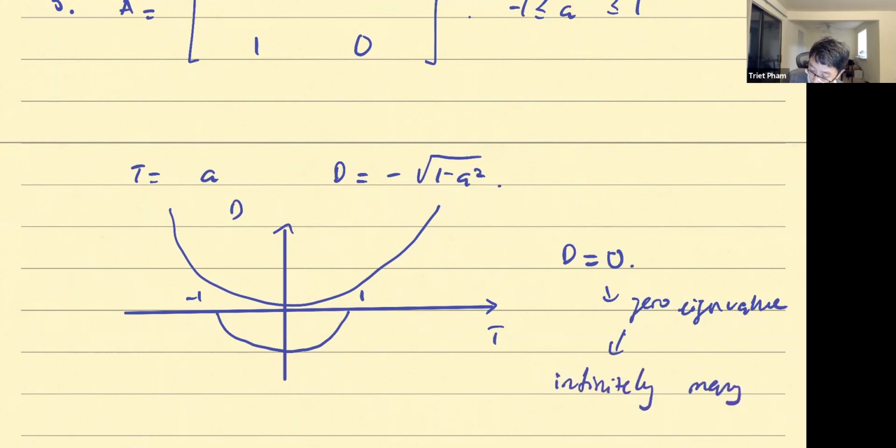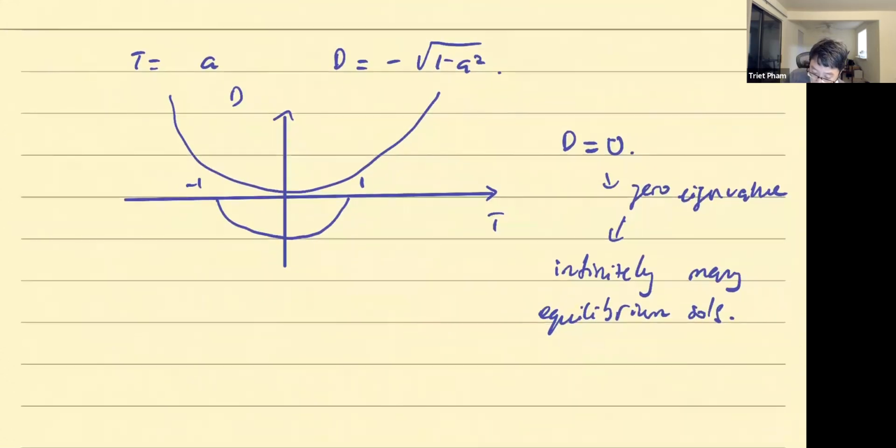Infinitely many equilibrium solutions. Yeah. Why? Because the solution to Ay equal to 0, when A is not invertible, has a non-zero solution.